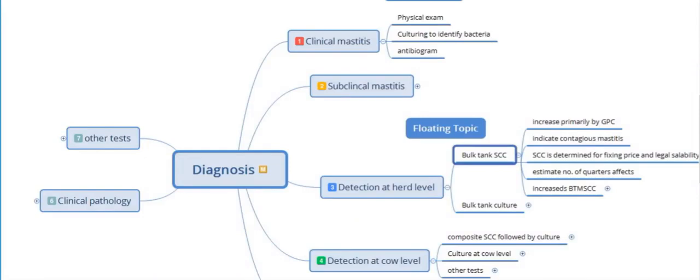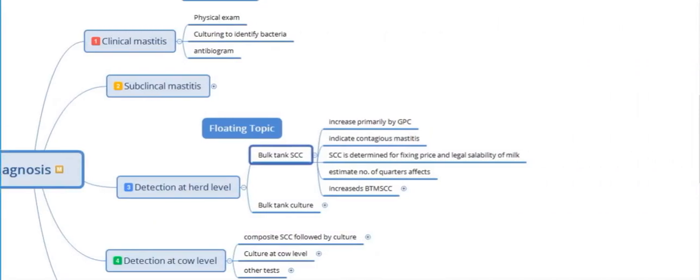And it is found that the bulk tank milk somatic cell count, or BTM SCC, is increased primarily by gram positive cocci, and that indicates contagious mastitis.